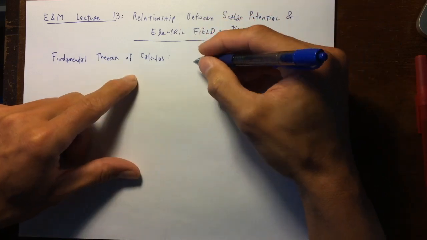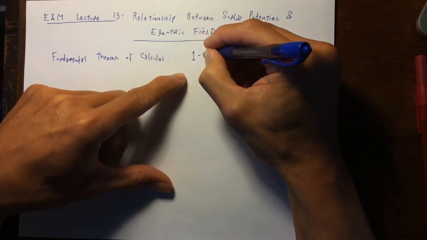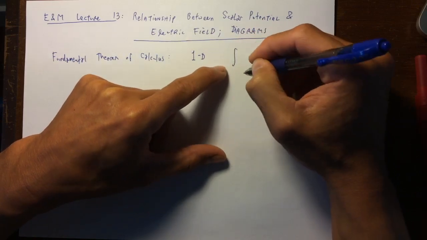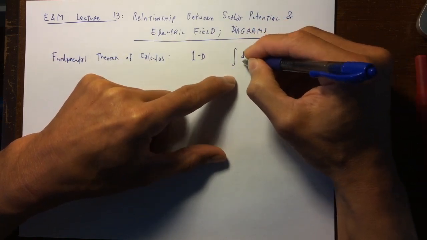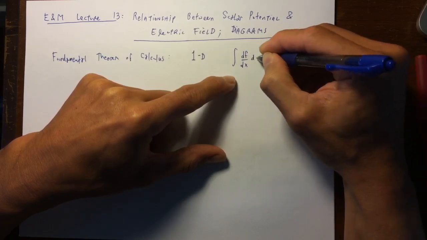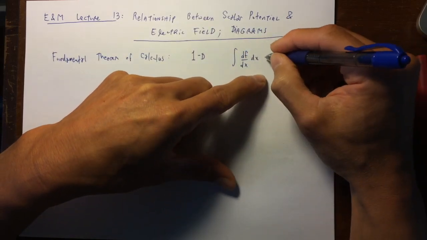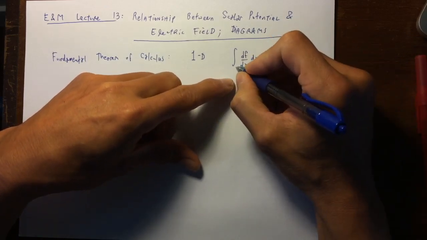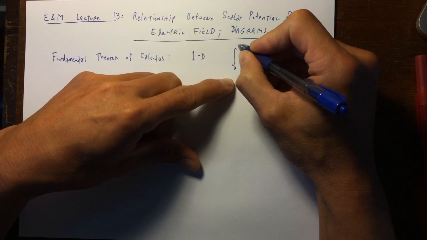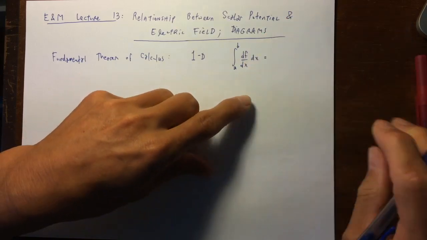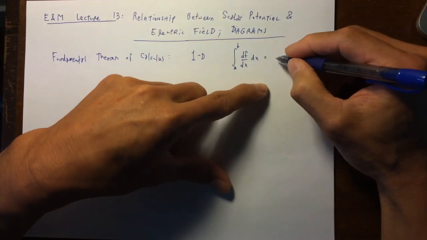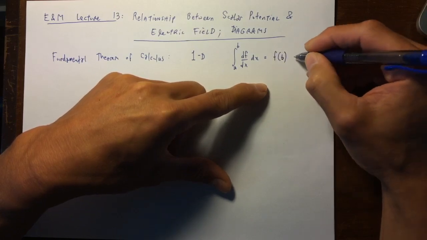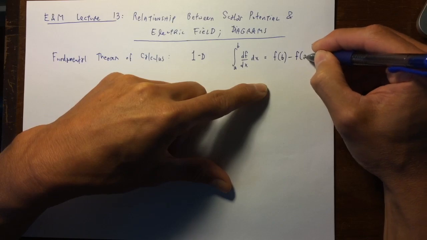The fundamental theorem of calculus in one dimension says that if you do an integral of the derivative of a function, what you're going to get, if you take the x values from value A up to value B, is the value of the function at B, the upper bound, minus the value of the function at A.